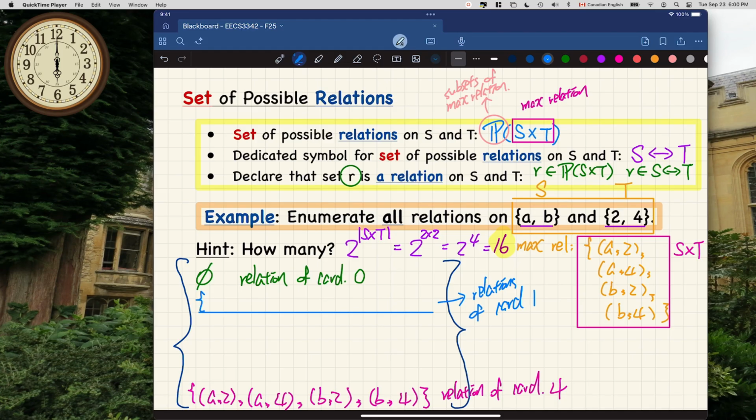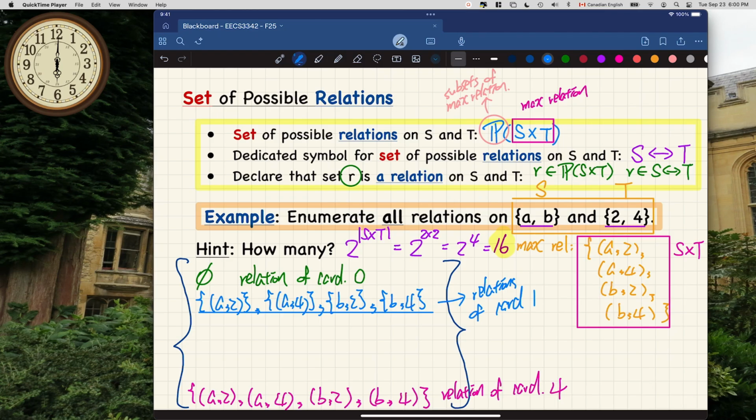One of them should be just one member, A2. Be careful here, you have to say a pair, A2. You can see it's a set with just one pair inside, just containing this one here. And the second one will be containing this one here. Write it down. So we also have A4, also B2, B4.